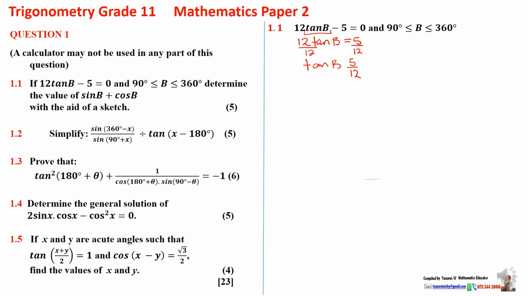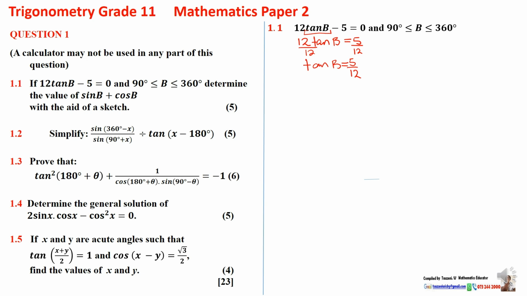Now when you are done with that, we now need to draw the diagram. The diagram is drawn according to conditions. Condition number 1 is the value that you are working with in your calculation. So in my calculation here, I have the tan of b, which is equal to 5 over 12.